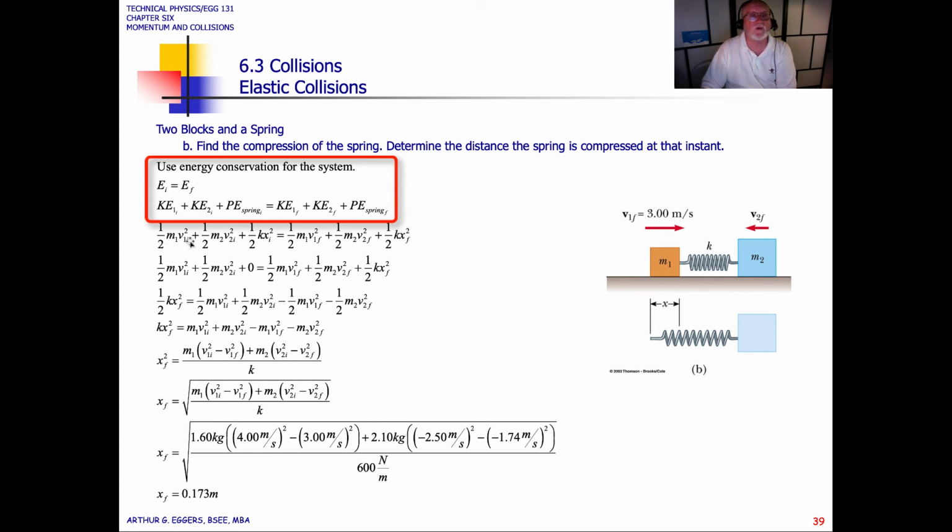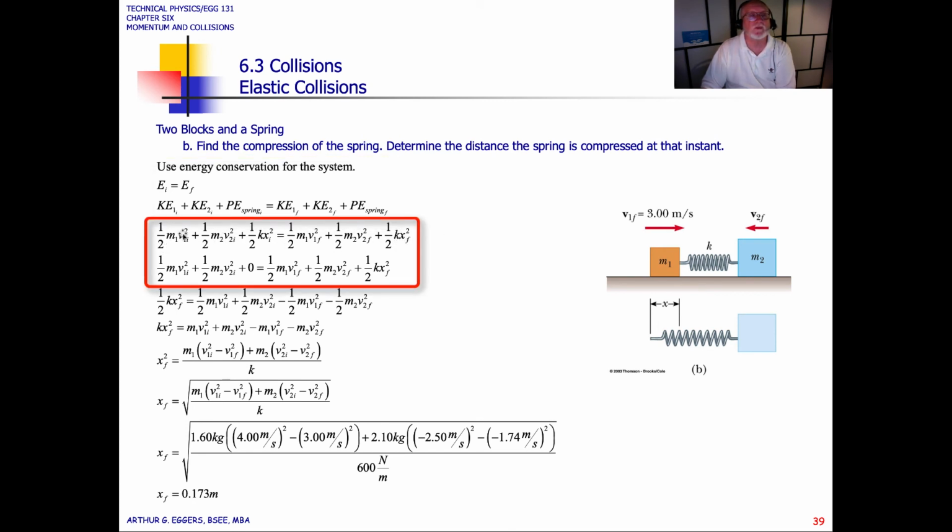So again, we've got all of our terms. We've got kinetic energy, potential energy of the spring, and the same thing on the other side. As we move our terms around, again, noticing that the potential energy of the spring is initially 0 because it is not in compression, we still have all of the other terms.